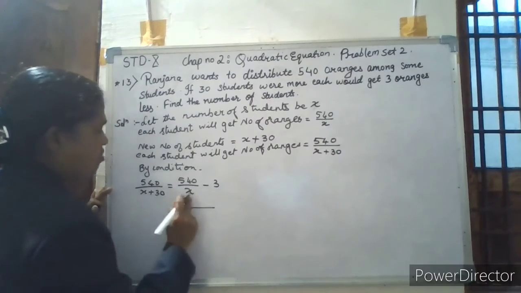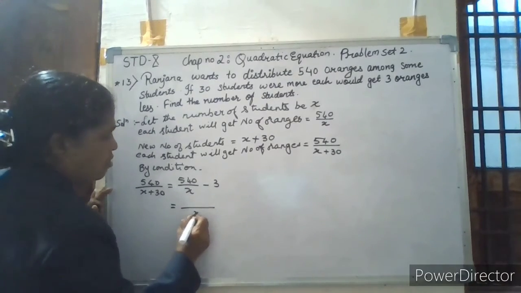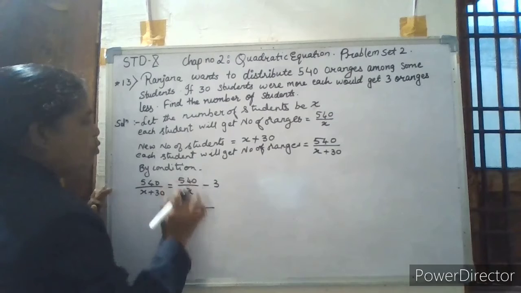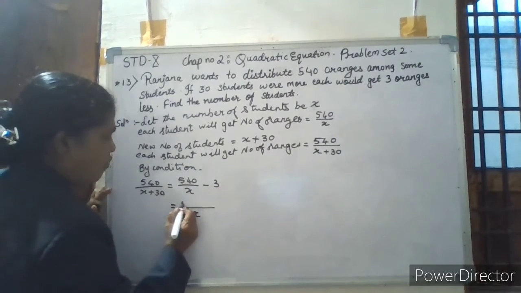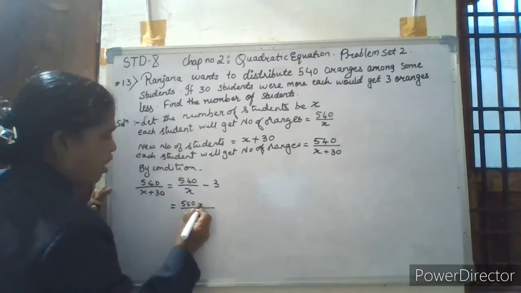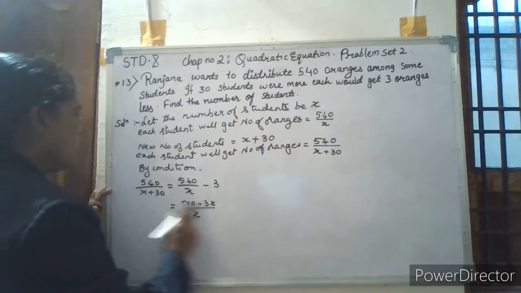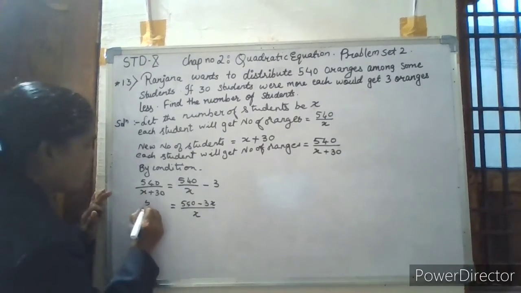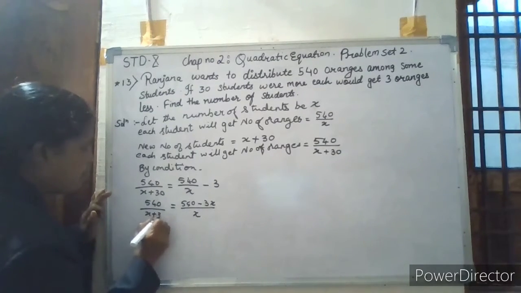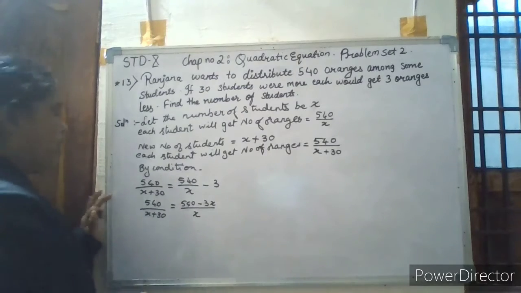On this side take the LCM as x. Now do cross multiplication. 540 remains the same, and the other term becomes 3x. This remains as it is, divided by x plus 30.